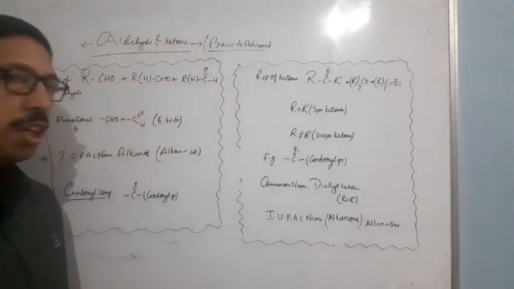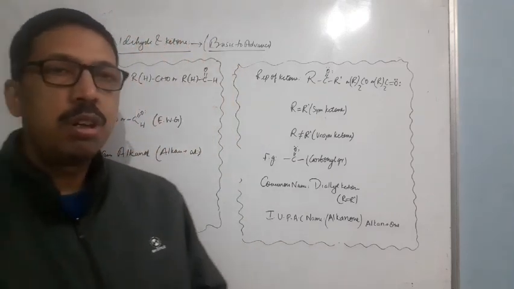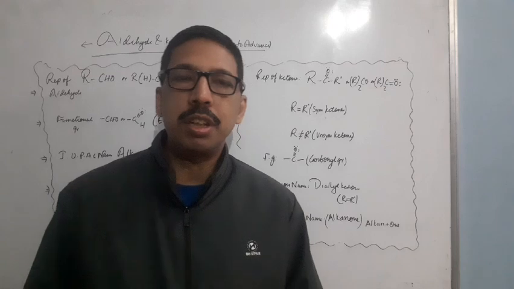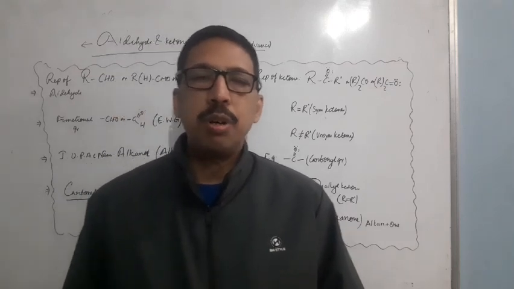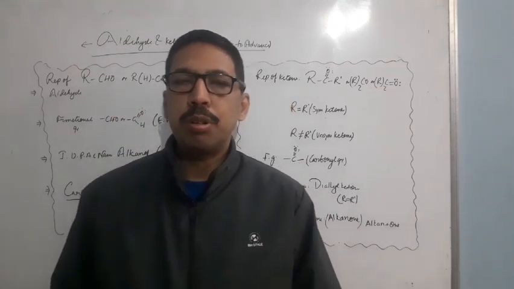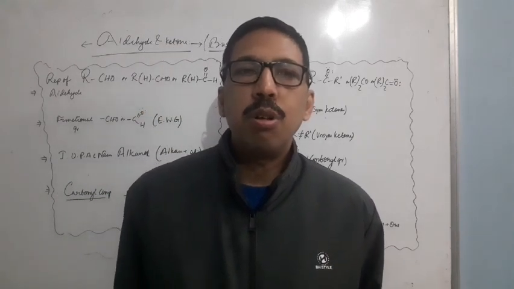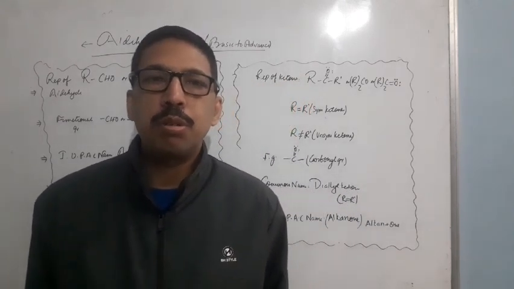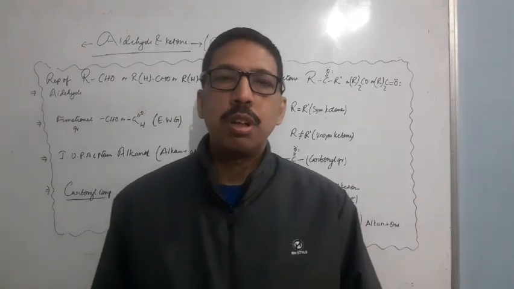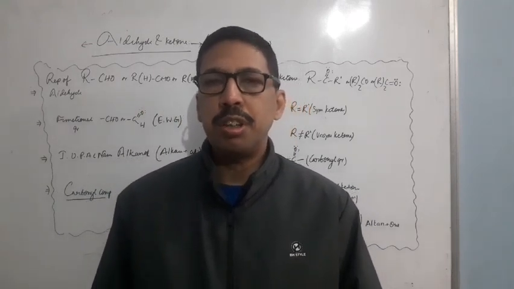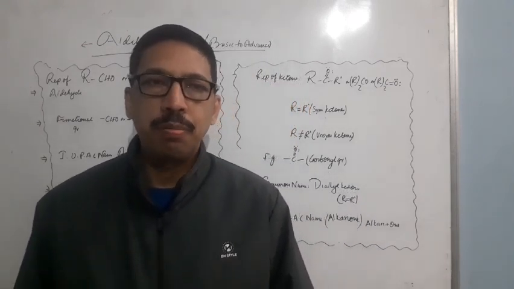तो एल्डिहाइड और कीटोन को कार्बोनाइल कंपाउंड भी कहा जाता है। And why is it called carbonyl compound? Because it consists of carbon oxygen double bond, and all those organic compounds which consist of carbonyl group are said to be carbonyl compounds.